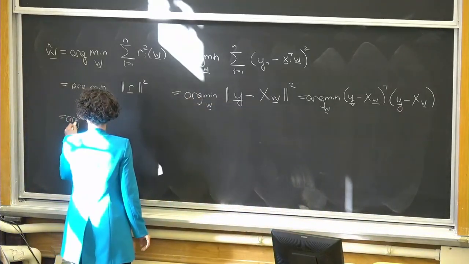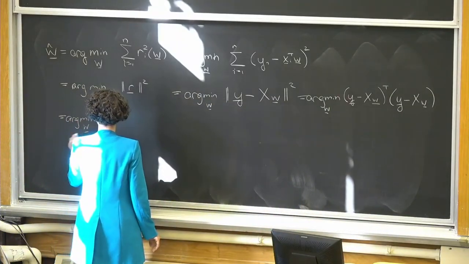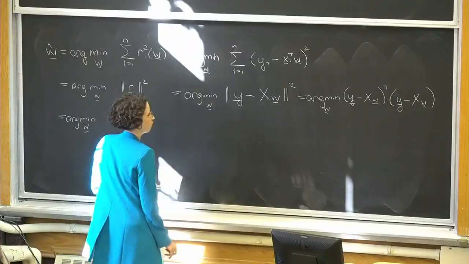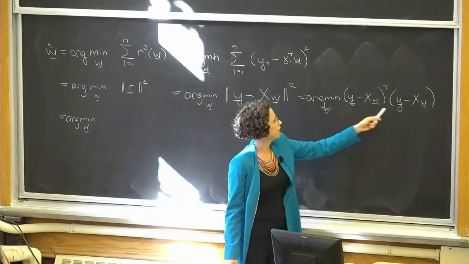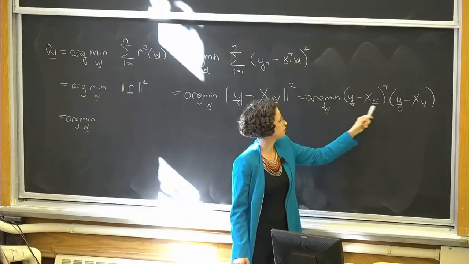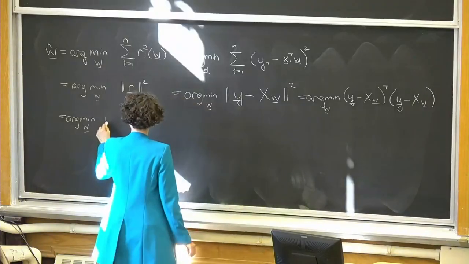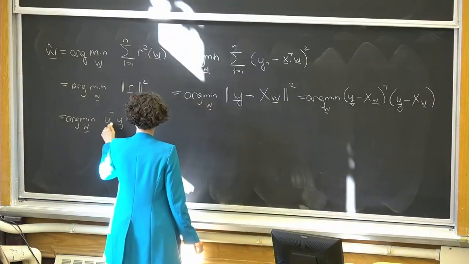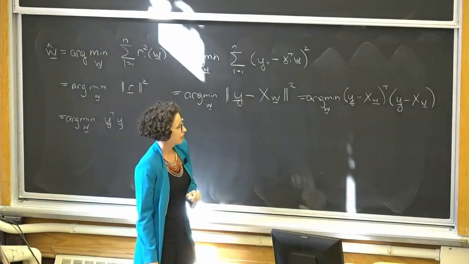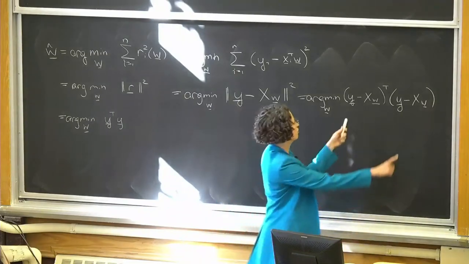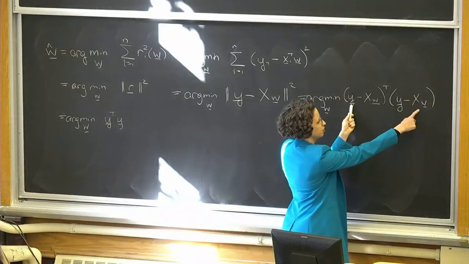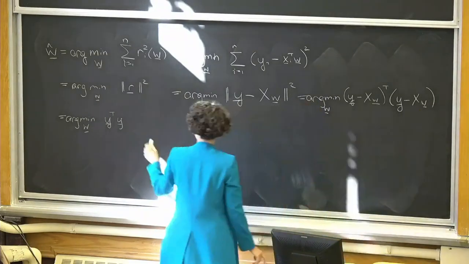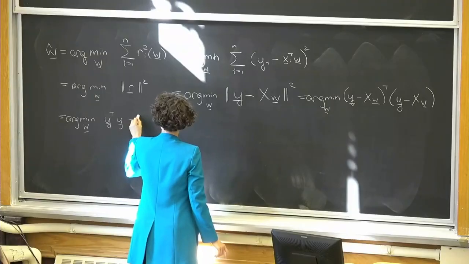So we've got the argument w that minimizes. First I'm going to multiply the two first terms here, y and y, so I'm going to have y transpose y. Then I'm going to do the outer terms, so I'm going to multiply y transpose times negative xw.